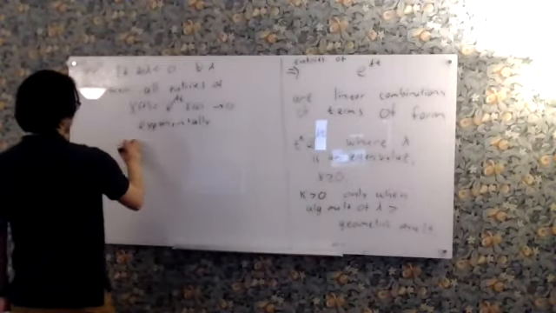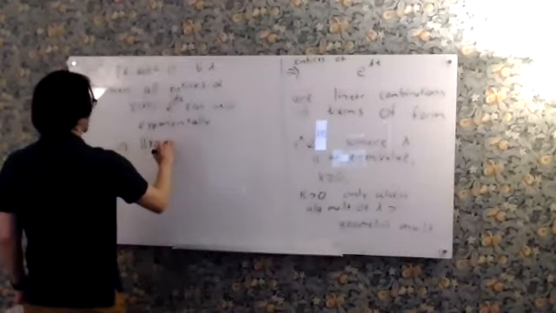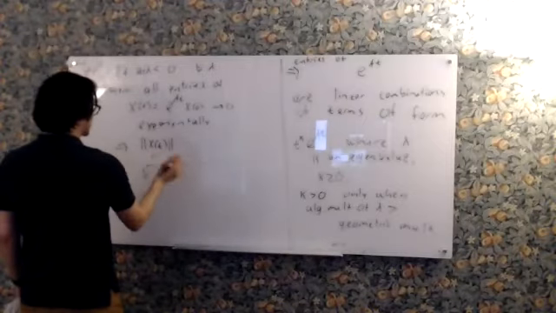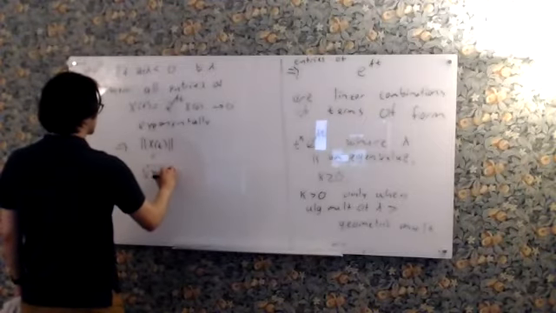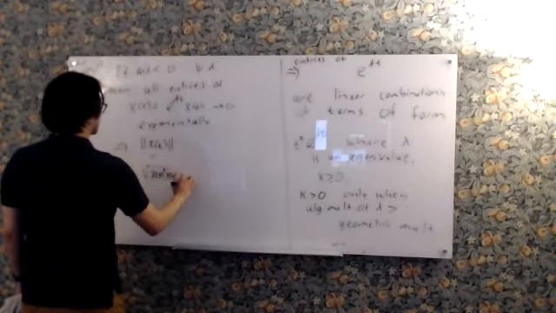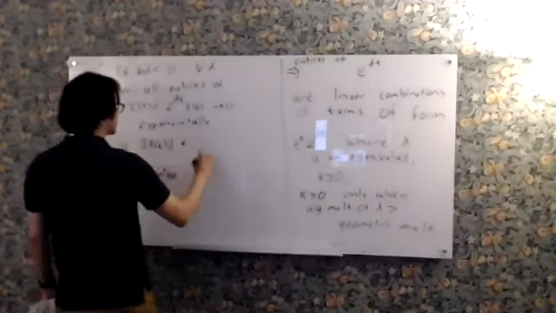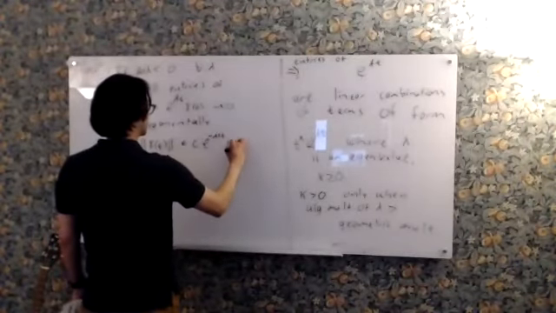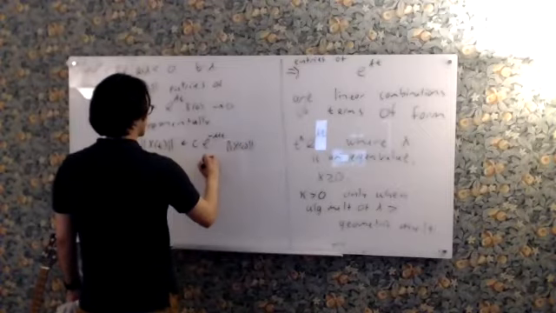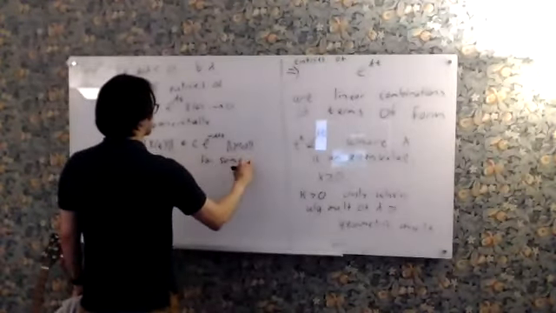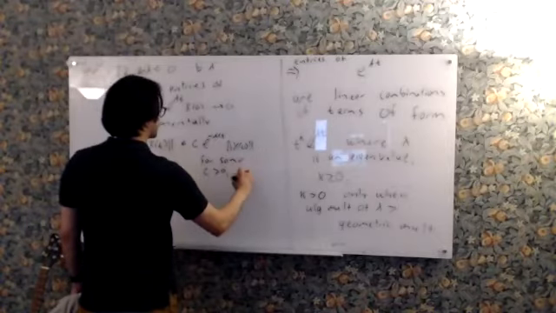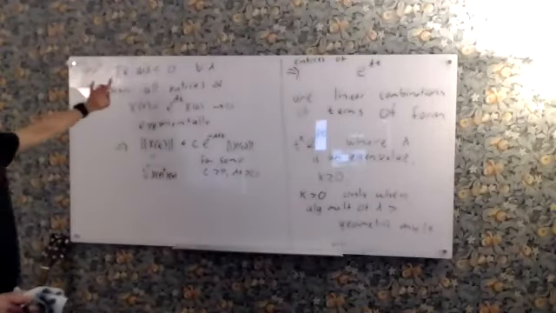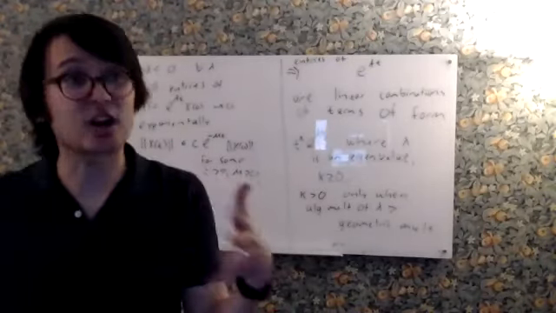This implies that the norm, remember this was our measure of the size, the sum of the squares, which we can write like that, is less than or equal to c e to the minus mu t times the norm of x of 0, for some c greater than 0, mu greater than 0. So that's the one piece.